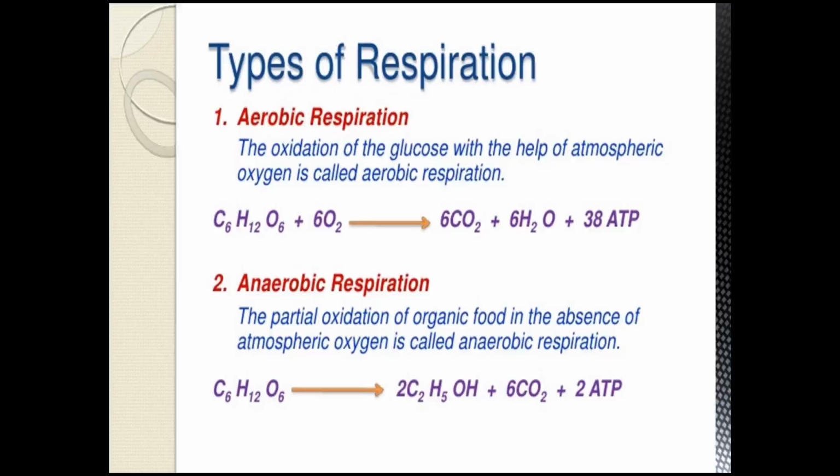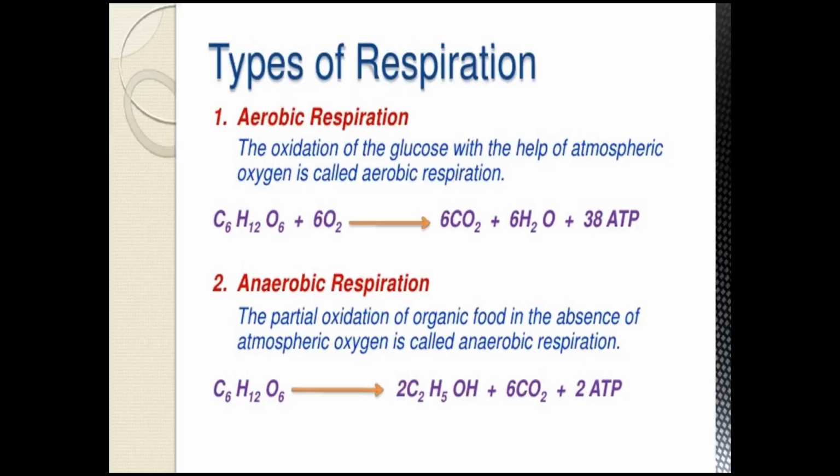The biochemical process occurs within the cells where the food is oxidized to obtain energy. This is known as cellular respiration. Cellular respiration means within the cell, the oxygen goes inside the cells where the food is oxidized to obtain energy.